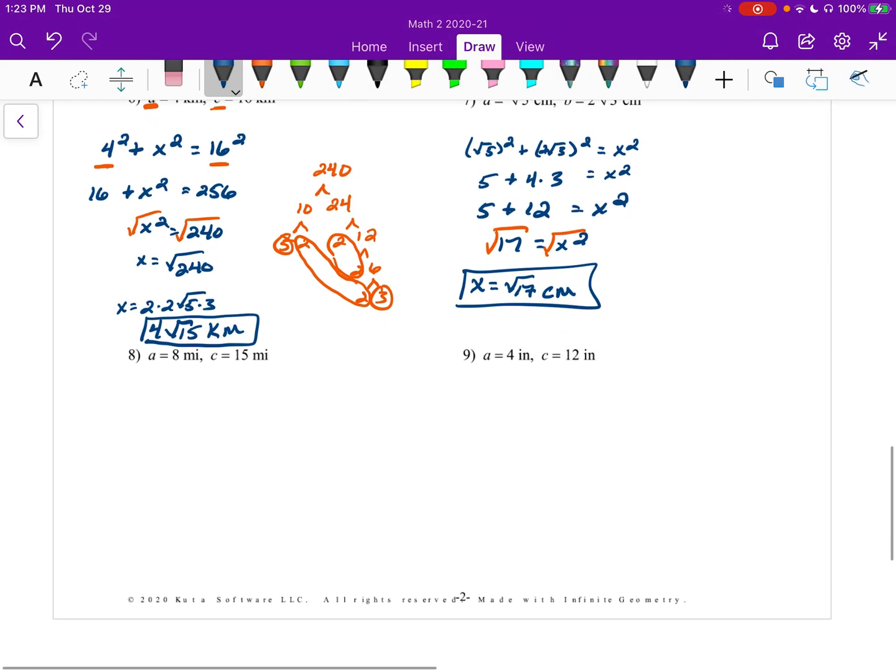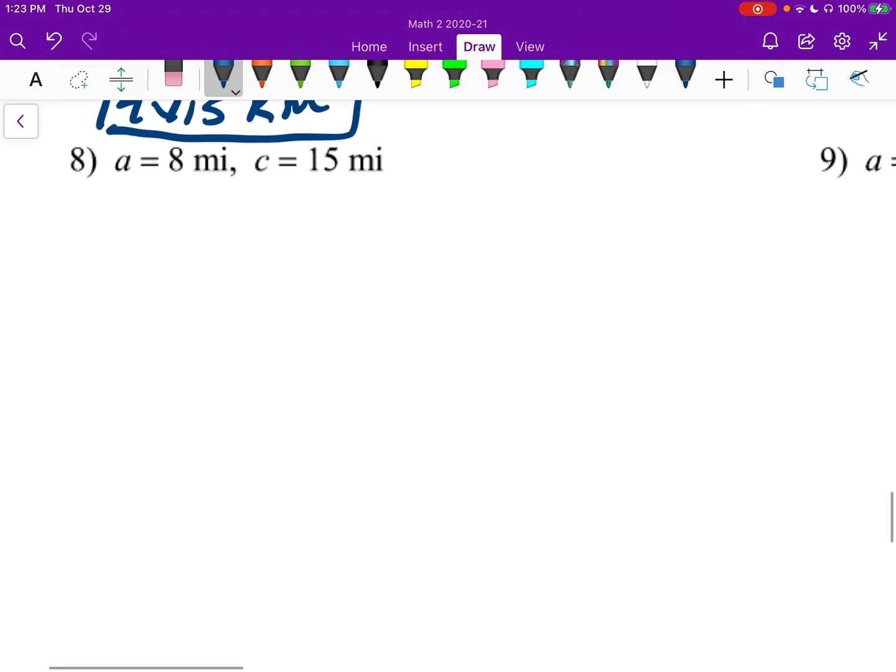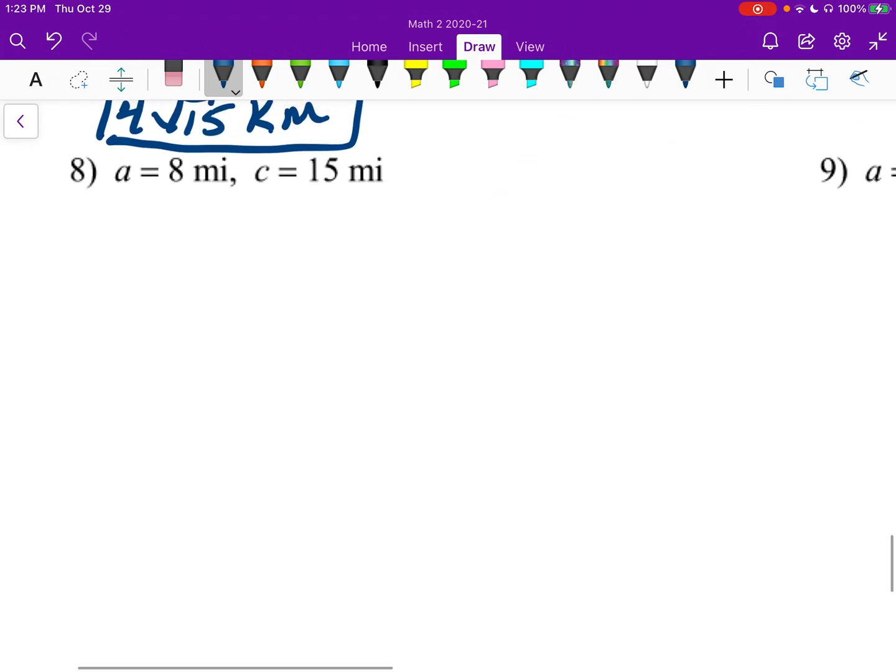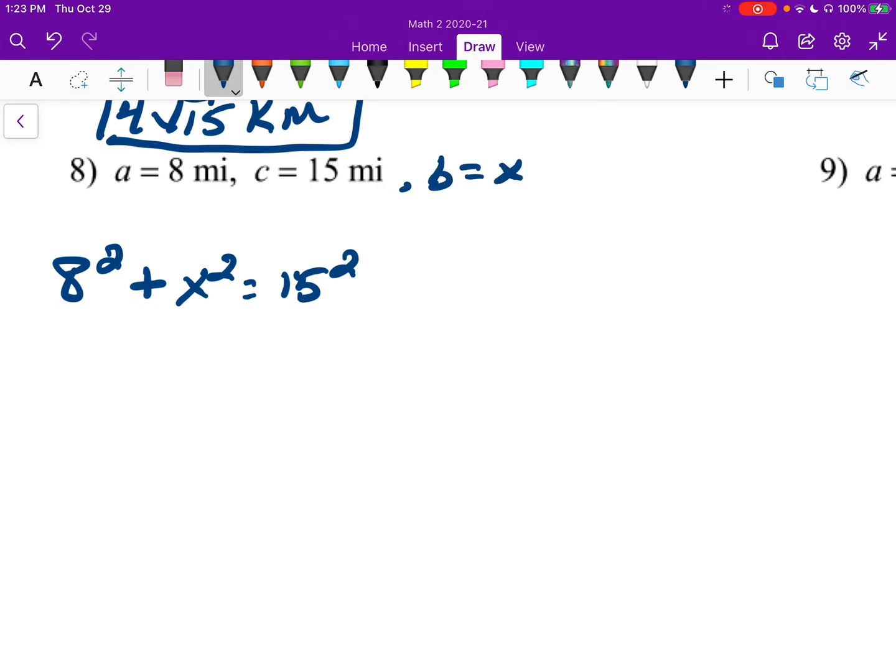All right. Number 8. I have A, which is 8, so 8 squared, plus, we don't have B, so x squared equals 15 squared. Right. Another way to write this would be me saying, well, B equals x.